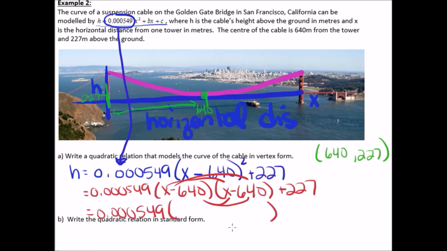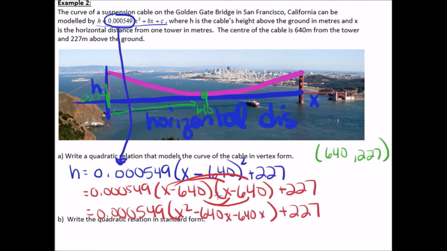So we're going to get a trinomial and then plus 227. Okay, so x times x is x squared. x times negative 640 is negative 640x. Negative 640 times x is another negative 640x.